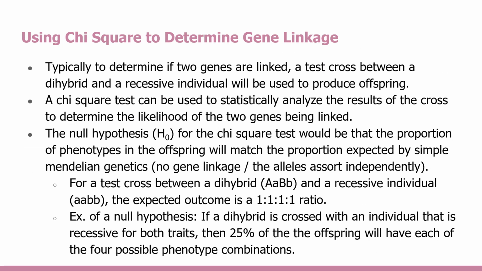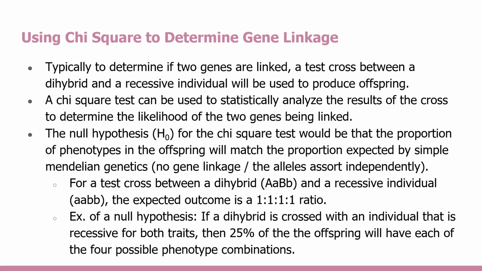We can use chi-squared to determine gene linkage. So the null hypothesis is indeed that there's no difference between all of those phenotypes, meaning a 1 to 1 to 1 to 1 ratio.